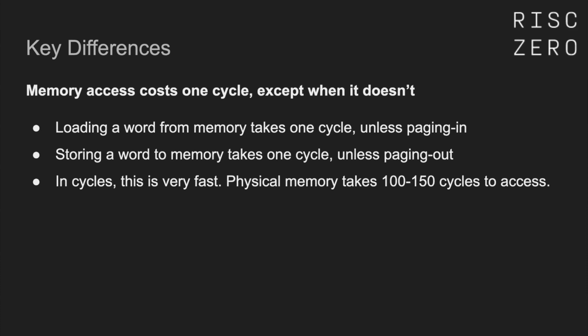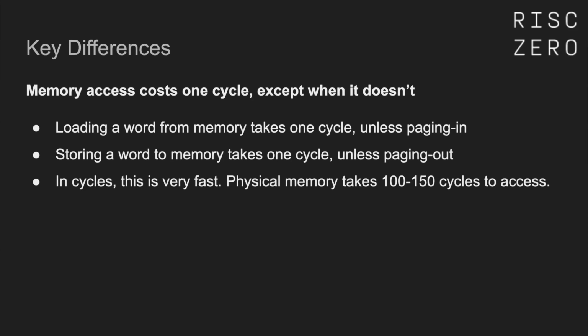And this latency, the round trip time to memory, is a very major point of optimization in traditional programming. In the zkVM, it only ever takes 1 cycle to access, so in terms of cycles, it's very fast.